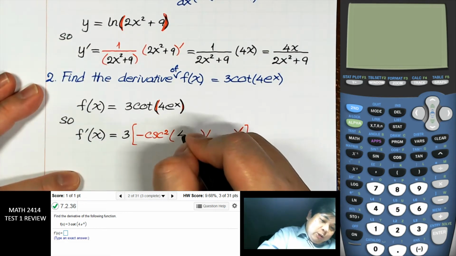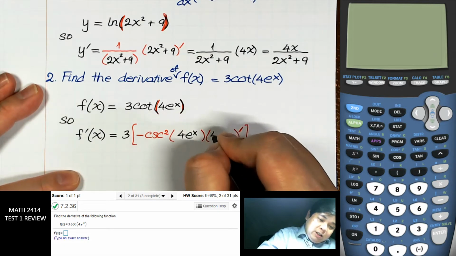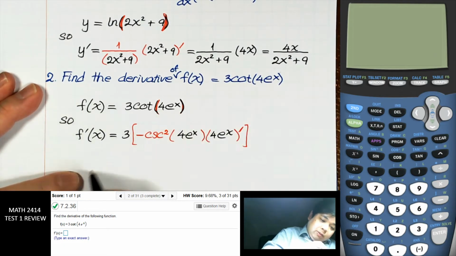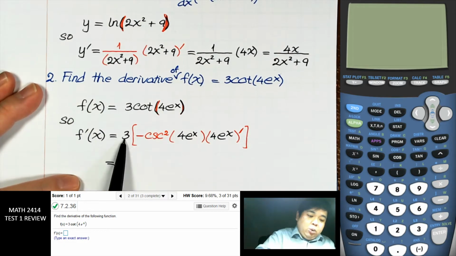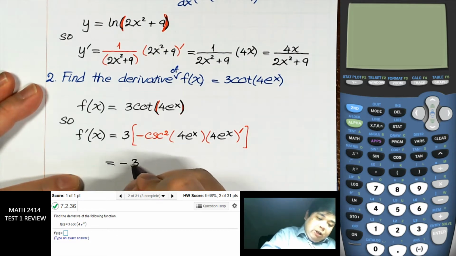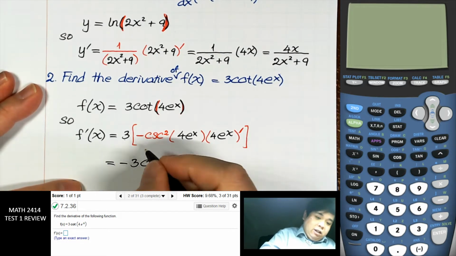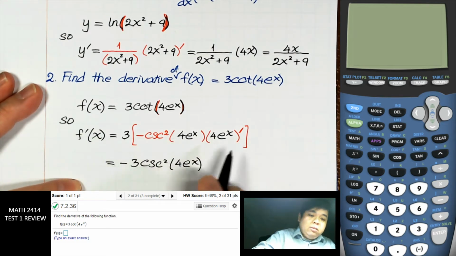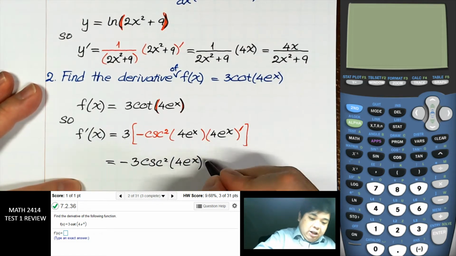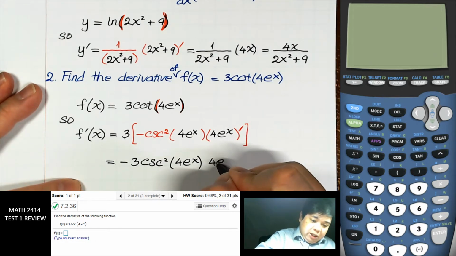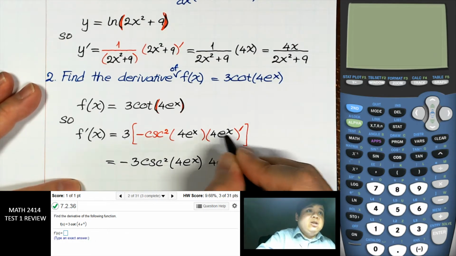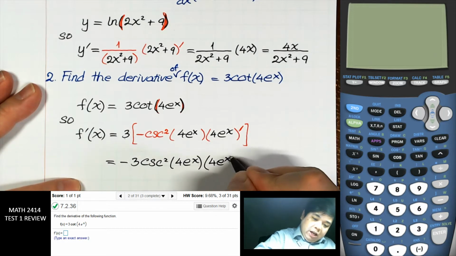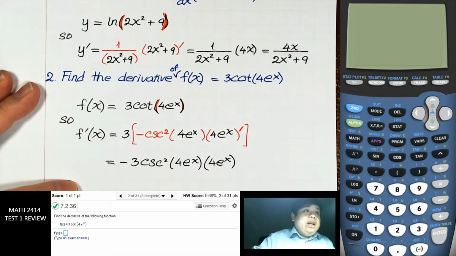We have 4e to the x inside the parentheses, and the 3 in front, so negative 3 cosecant squared 4e to the x. The derivative of 4e to the x is 4e to the x, since the derivative of e to the x is also e to the x.